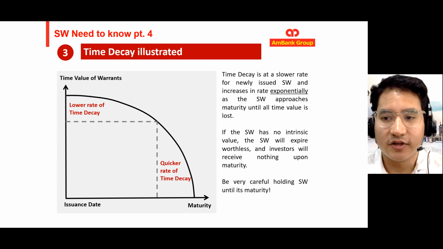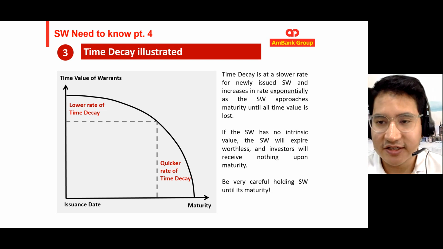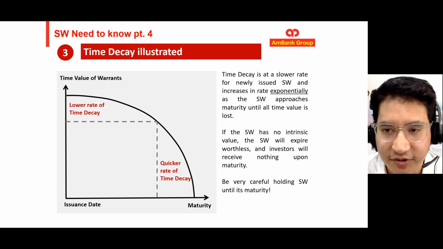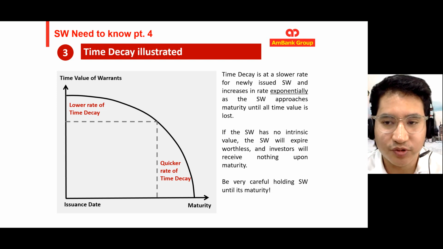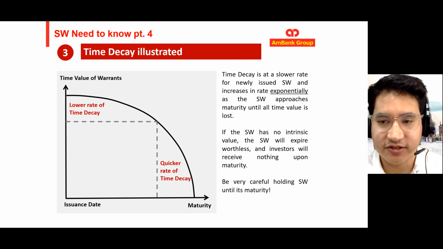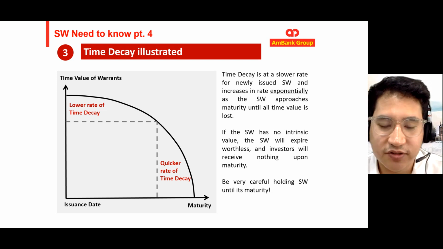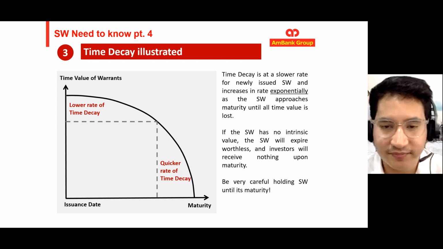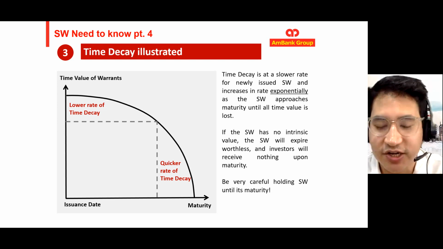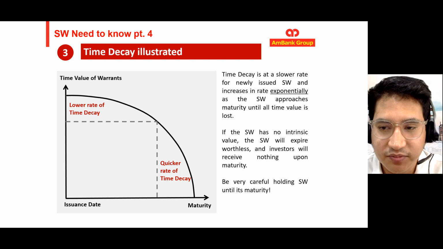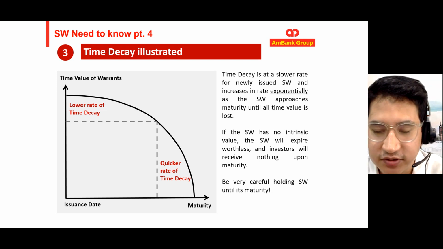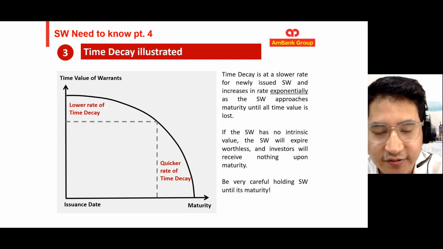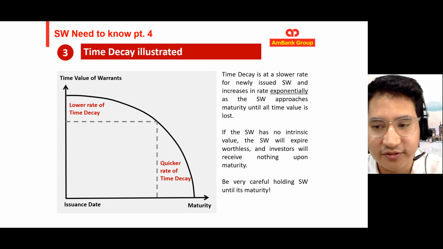So time decay, as I said, is at a slower rate for newly issued structured warrants and increases in rate exponentially as the structured warrants approach maturity until all time value is lost. Say for example, if the structured warrant has no intrinsic value, meaning the share price is lower than the exercise price, that means that at maturity, if you still hold the structured warrants, investors will receive nothing. So be very careful holding structured warrants until maturity.